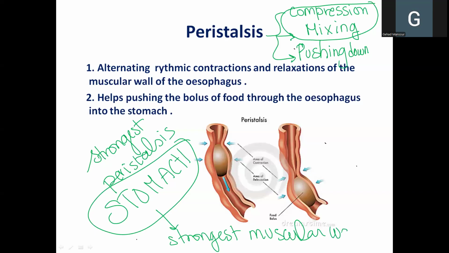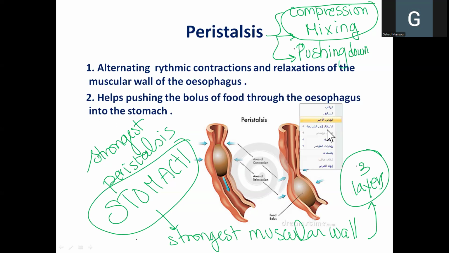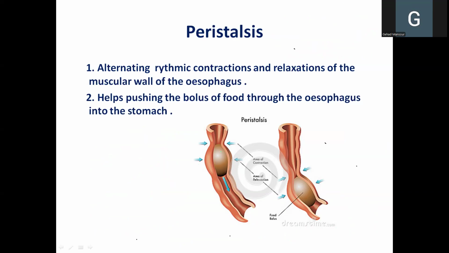To tell you how strong it is, I will just say that it consists of 3 layers of smooth muscles, not only 2 layers. So peristalsis is very important to push down food. And we see here how we have a bolus of food. This is the bolus of food.